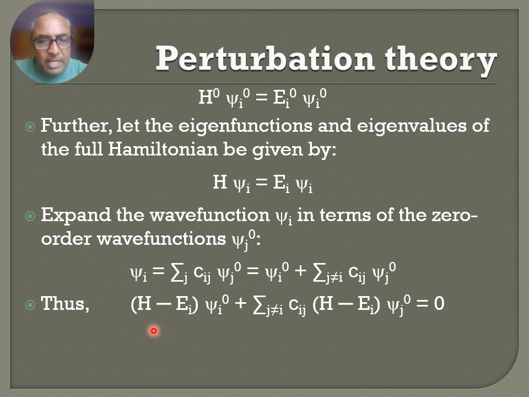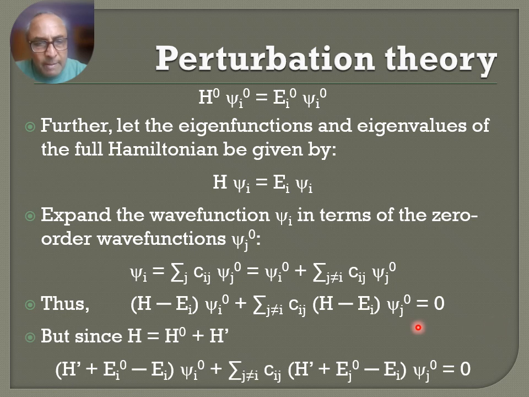or thus (H minus E_i) operating on psi_i^0 plus sigma over j not equal to i of C_ij (H minus E_i) operating on psi_j^0 equals 0. But since H is equal to H0 plus H dash, we can put that in here and write (H dash plus E_i^0 minus E_i) operating on psi_i^0, since H0 operating on psi_i^0 will give you E_i^0 times psi_i^0.